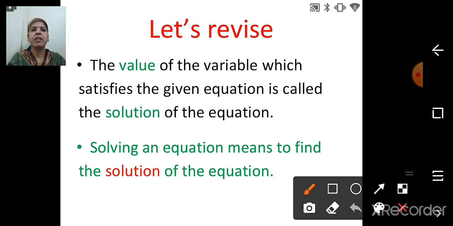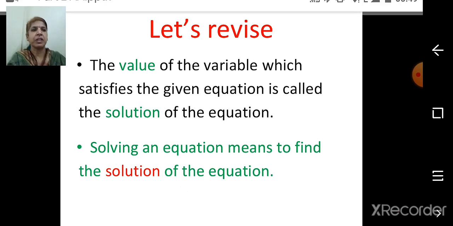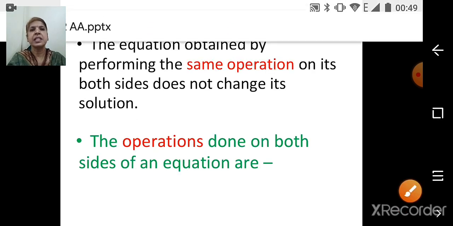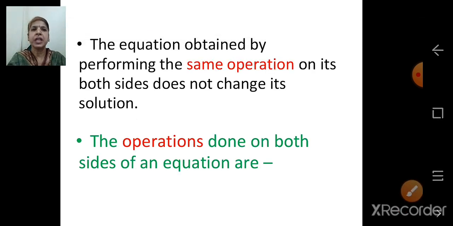Next is solving an equation means to find the solution of the equation. So when we solve the equation and the value we get, it is nothing but finding the solution of the equation. Next is the equation obtained by performing the same operation on its both sides does not change its solution.